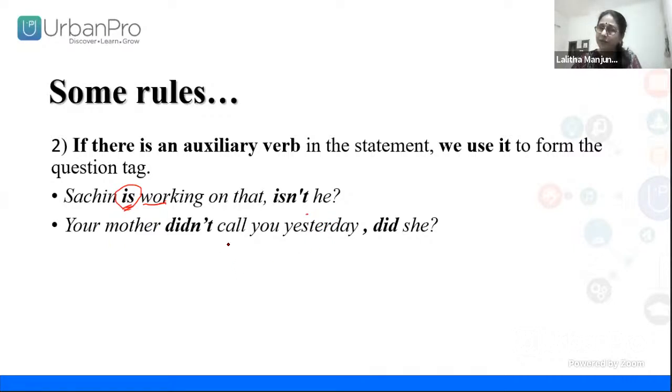Which is the main verb here? Call. Which is the helping verb here? Sorry, the negative verb or helping verb here, didn't. Auxiliary and helping are the same. I should use this helping verb or auxiliary verb to make the tag. Your mother didn't call you yesterday, did she? So whenever we have a helping verb or auxiliary verb, we use that to form the question tag.